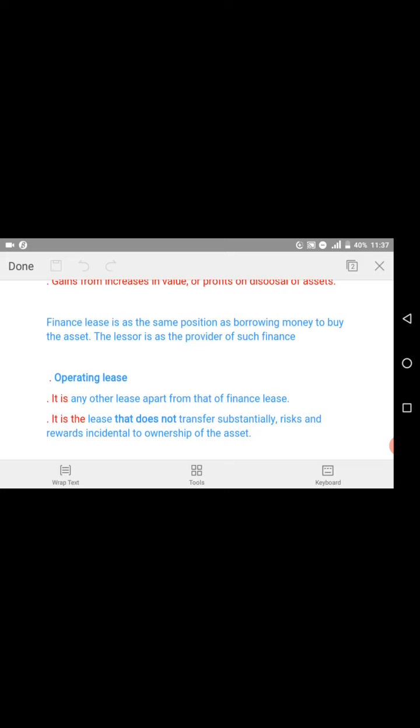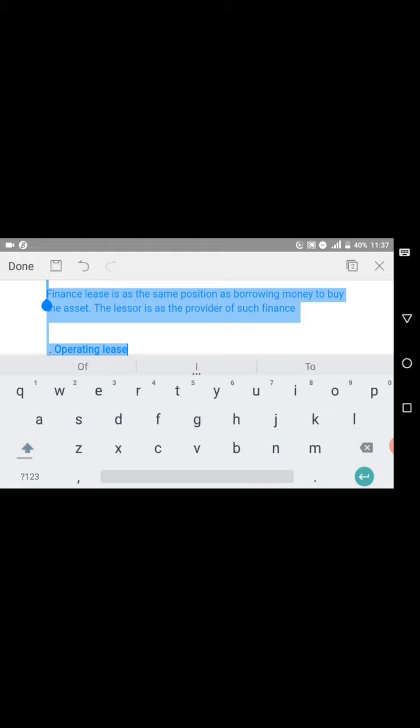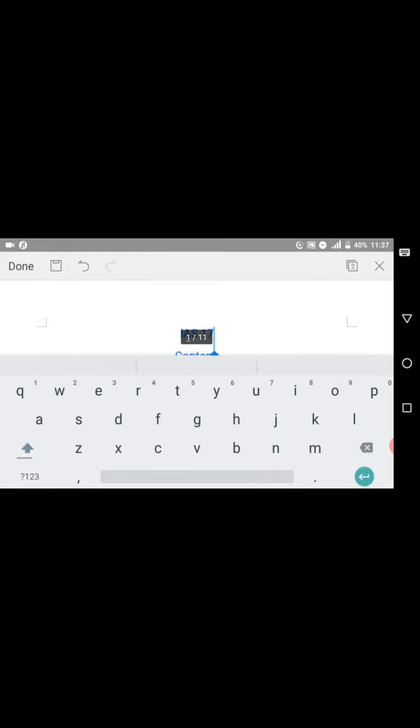Operating lease is any other lease apart from a finance lease. It is the lease that does not transfer substantially all the risks and rewards incidental to ownership of the asset. It is the opposite definition of the finance lease.